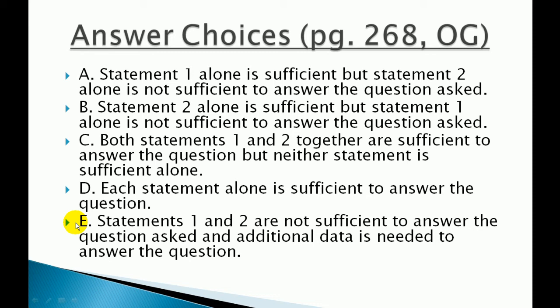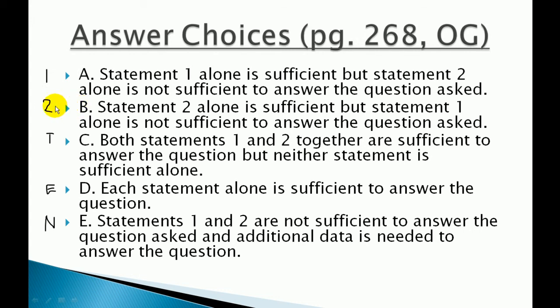Now, many people struggle with these answer choices initially, but after you've done enough example problems, you will memorize the answer choices and what each of them represents. When you're just getting started, a useful way to remember them is through a little memory trick called 1, 2, 10. And what this means is that answer choice A is 1 alone is sufficient.